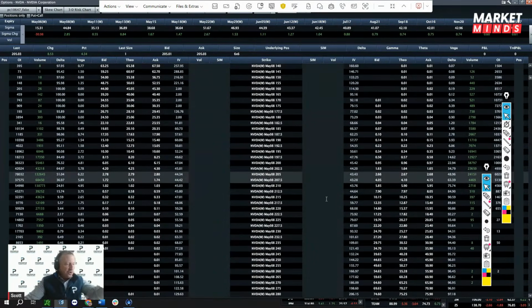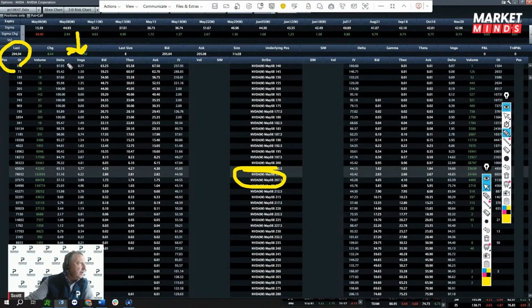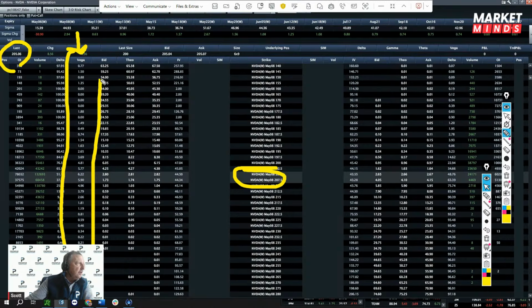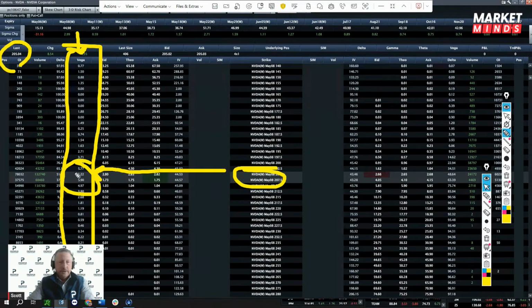First off, I'm just using next week's options, stock is trading 205. If we look here in this Vega column, where is Vega the highest? At the money. We can see Vega move lower, lower, lower, the further in the money we go, and lower, lower, lower, the further out of the money we go. Does everybody see that?